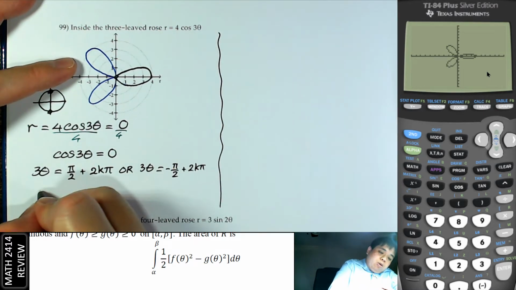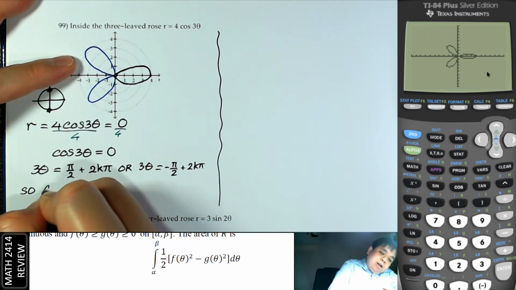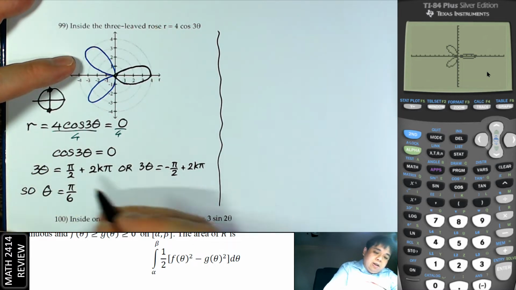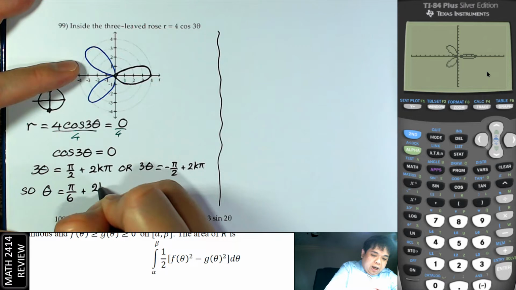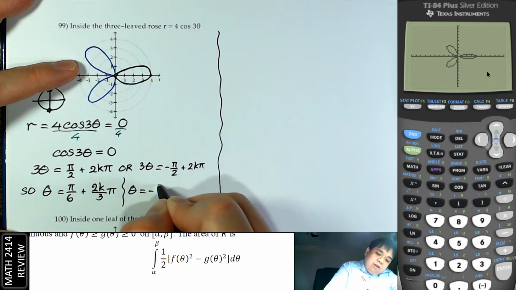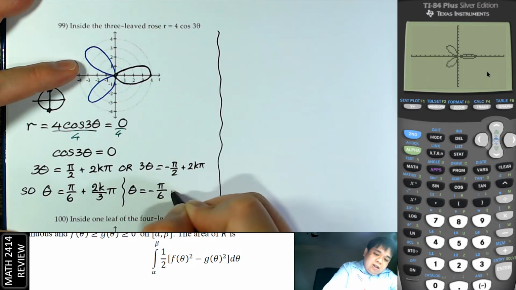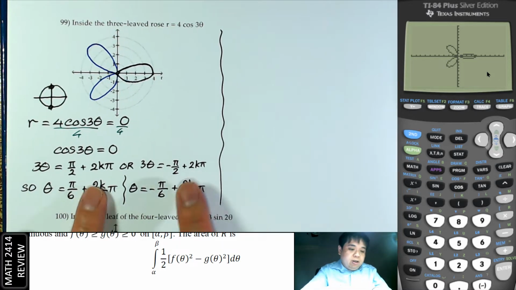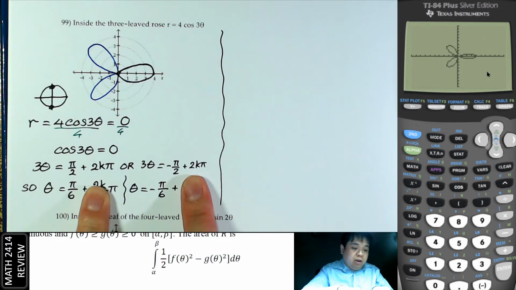Divide by 3 on both sides. So theta is equal to pi over 6 plus 2k over 3 pi, or theta equal to negative pi over 6 plus 2k over 3 pi. So now if we let k equal to 0, we have pi over 6 and negative pi over 6.